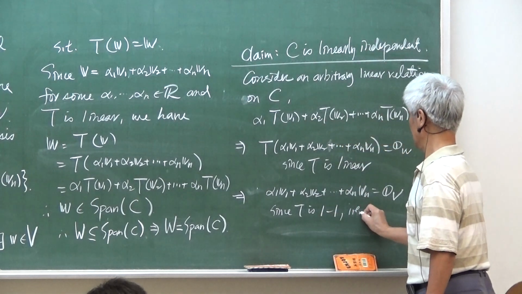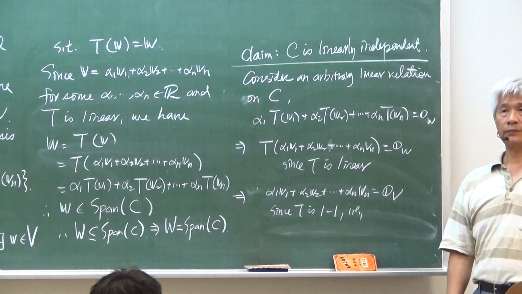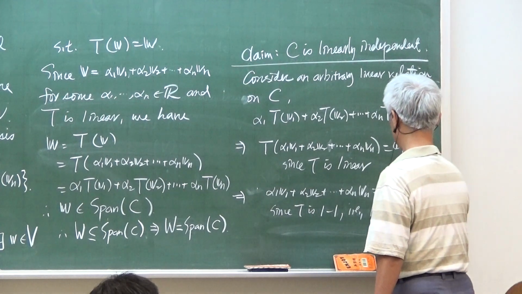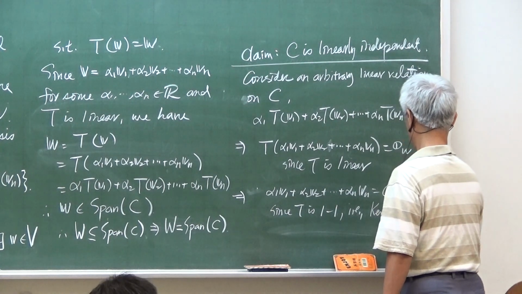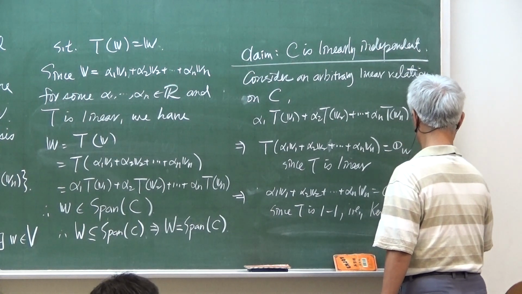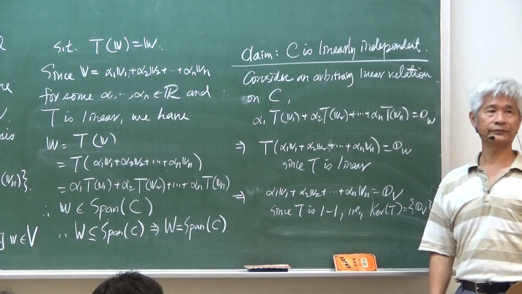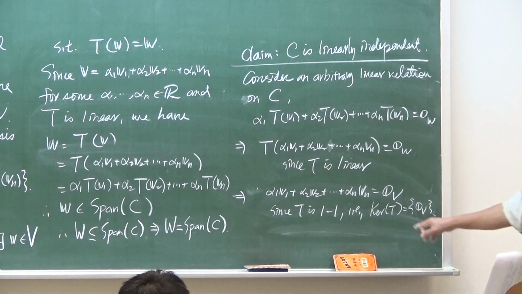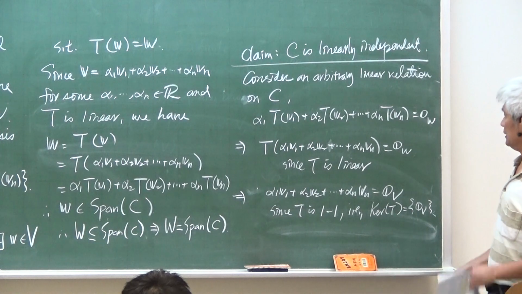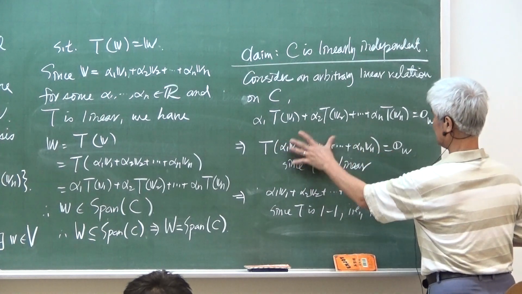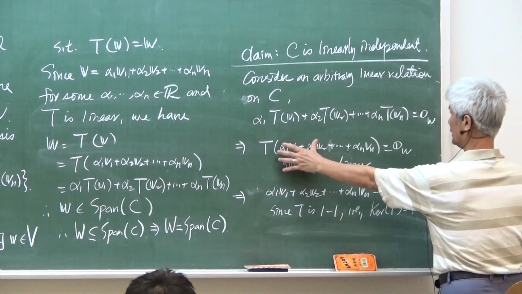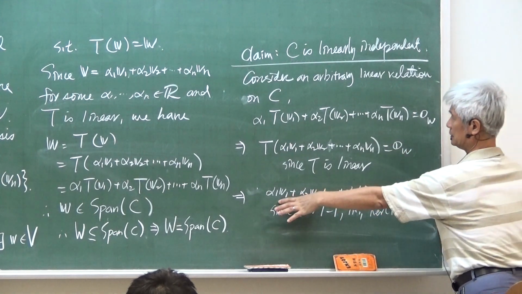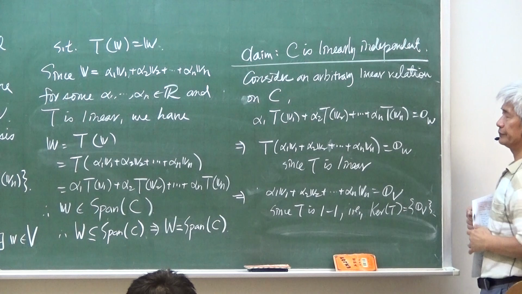That is, a linear transformation is 1 to 1 if and only if the kernel of t is just the 0 vector. We put that in the lemma, right? So the only vector in the domain whose image is 0 is the 0 vector.